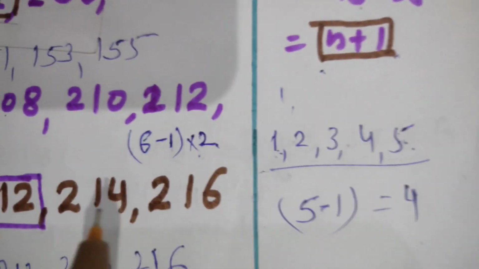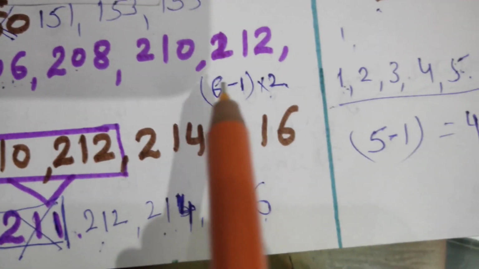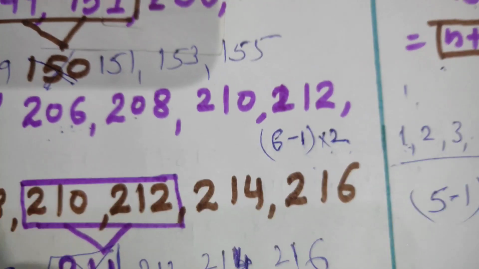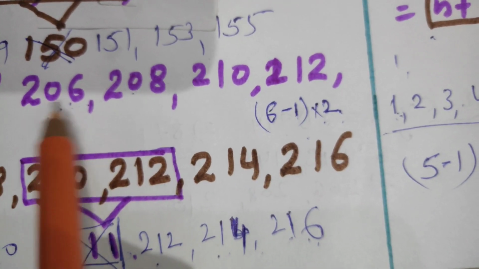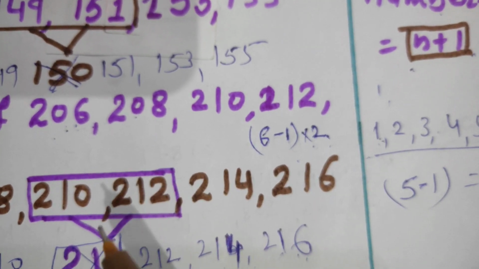And if they are even or odd numbers, then what is my answer? Whatever the number of observations, like here there are 6 observations, 6 minus 1 and multiply by 2. So 10. No need to do 216 minus 206. Ultimately I will get the answer without calculations.